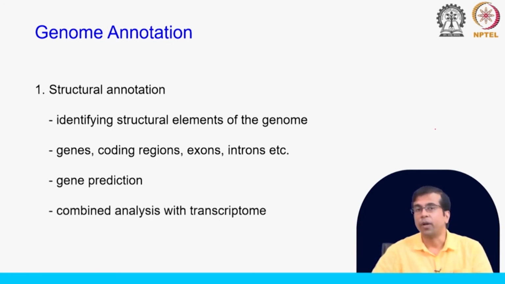Or you can combine this analysis with transcriptome analysis. The advantage with the transcriptome is that you know which regions of the genome are transcribed, so you can start identifying the gene regions, coding regions, exons and introns. We can do those very easily if we combine genome data with transcriptome data.